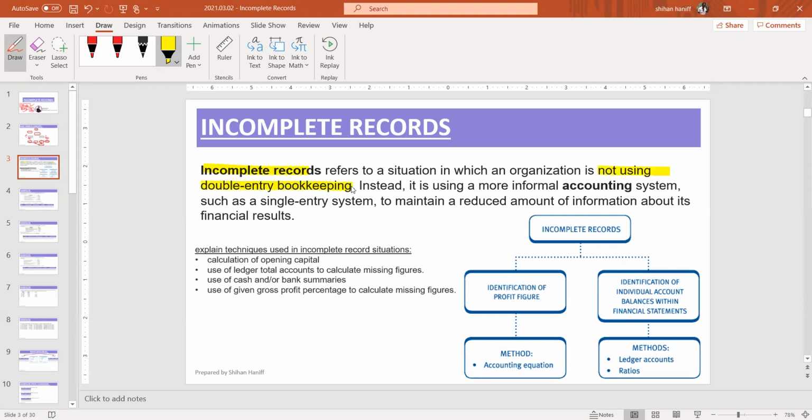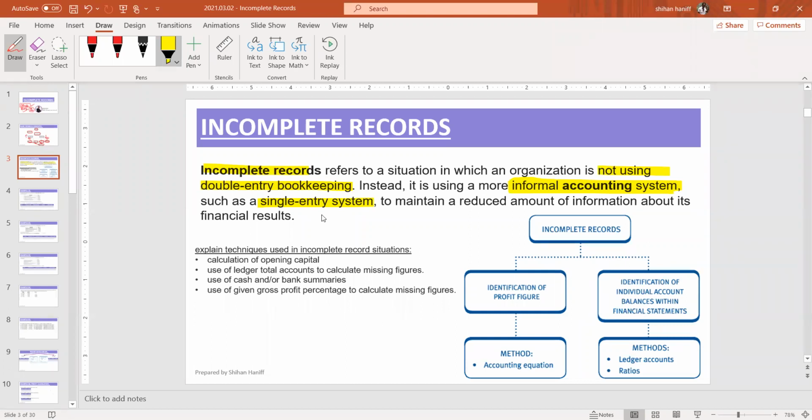Instead, it is using an informal accounting system, such as a single entry system, to maintain a reduced amount of information about its financial results. So they don't keep a complete set of books, and they just have a single entry.